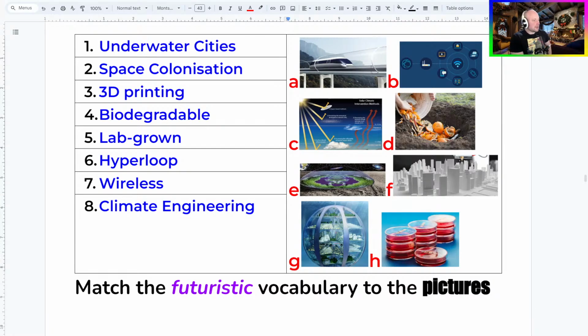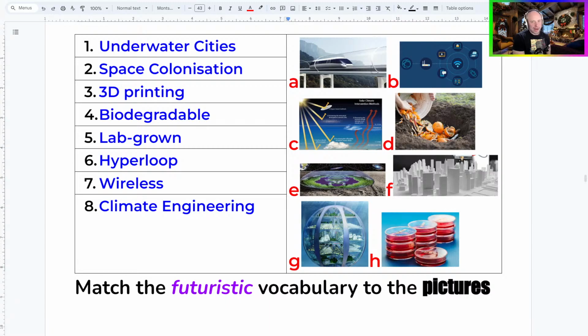So the answers, folks, are 1G, 2E, 3F, 4D, 5H, 6A, 7B, and 8C. So with the letters A, that's hyperloop.